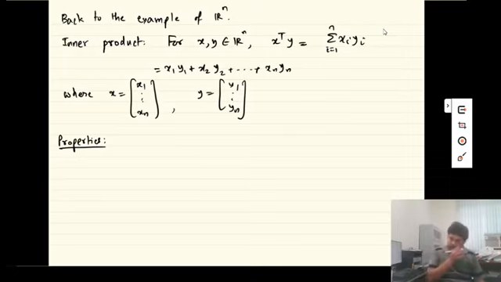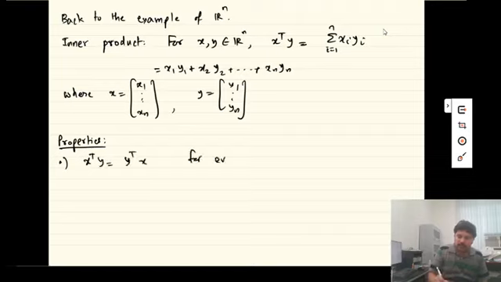So what are the properties of inner product? The first property is x transpose y is the same as y transpose x for every x and y in Rn. This is like commutativity.